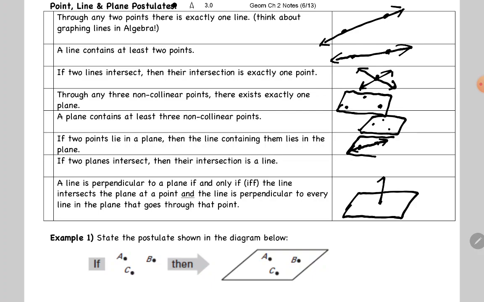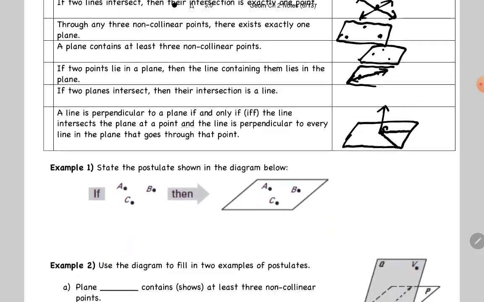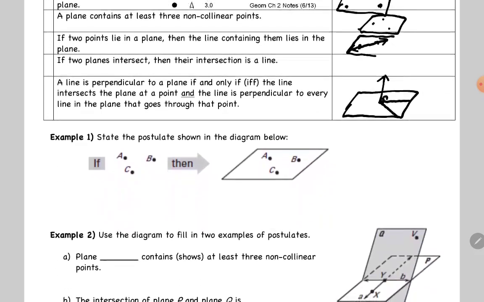So let's say this is going straight off the page, going straight up. It would be perpendicular to any line going through this point. Alright. Example 1, state the postulate shown in the diagram below.